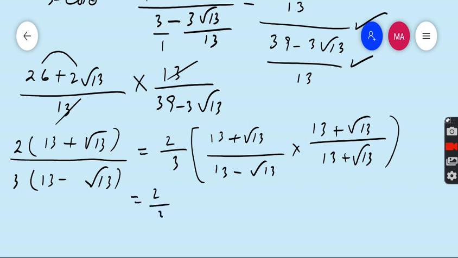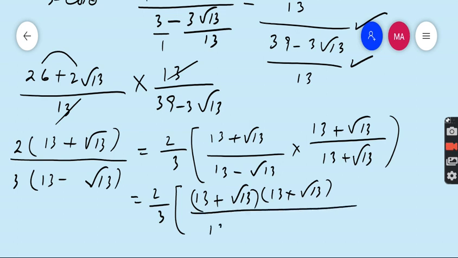Multiply numerator by numerator and denominator by denominator.